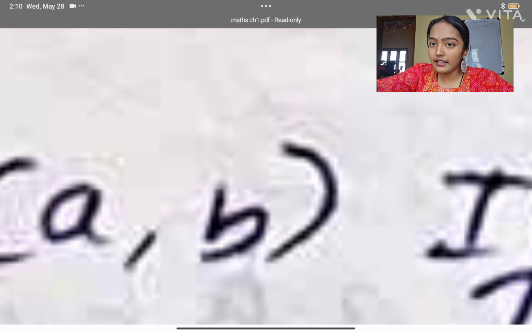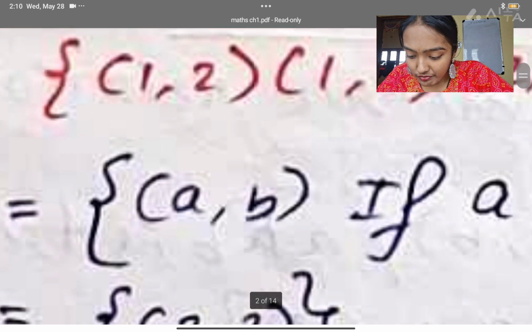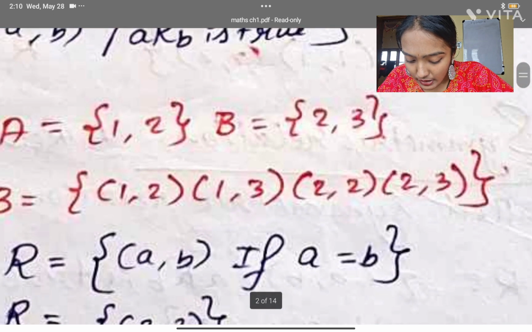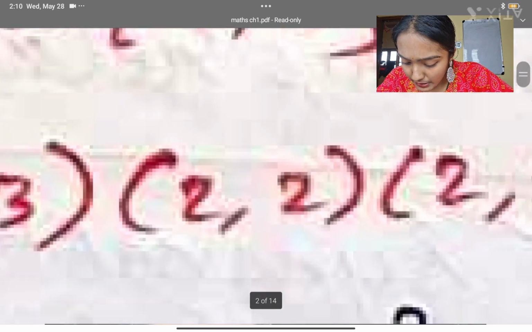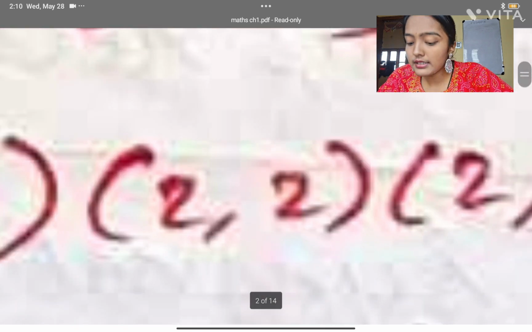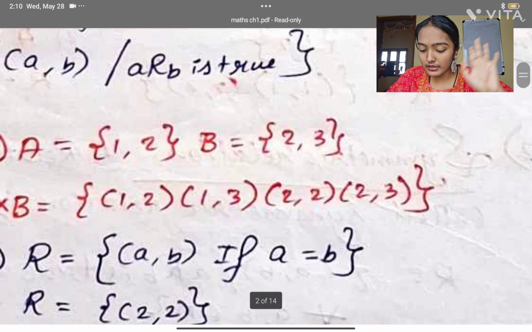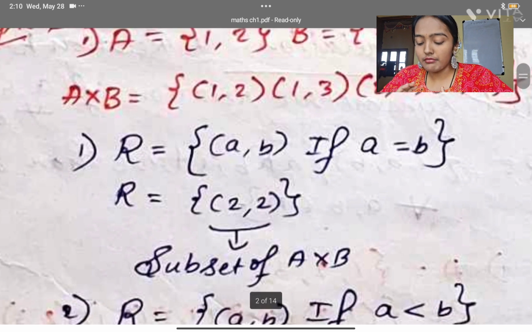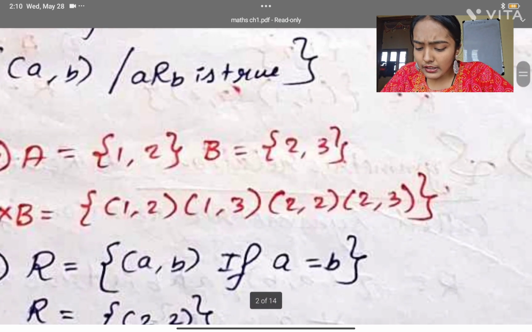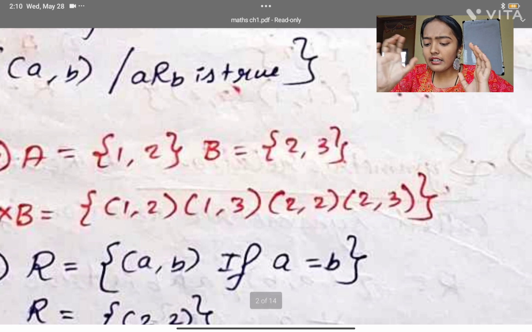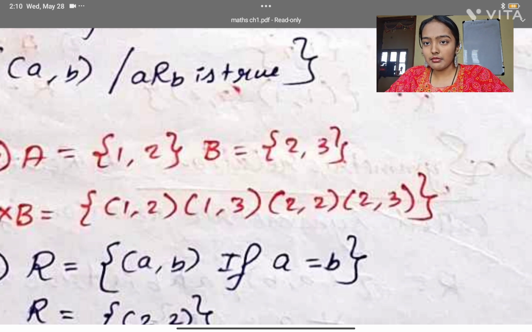We have to find that. In this set, element A is equal to element B. In this one, these two are equal because they are the same number. That's why this is the relation. Its subset is what? In this bigger set, it's a small set. That's it.